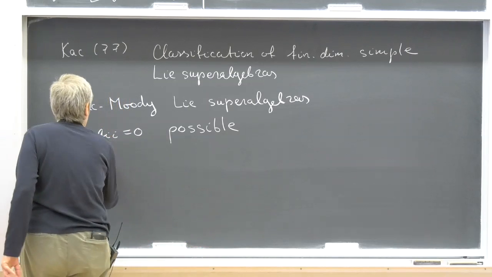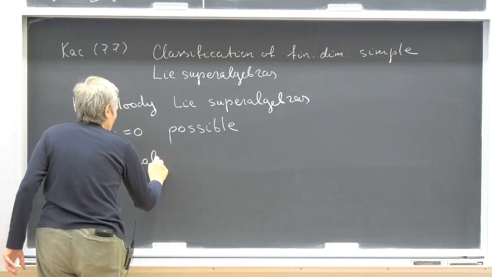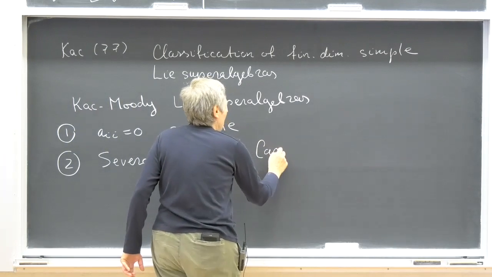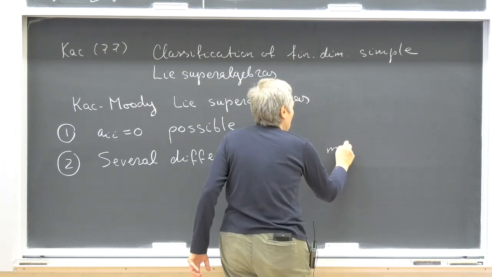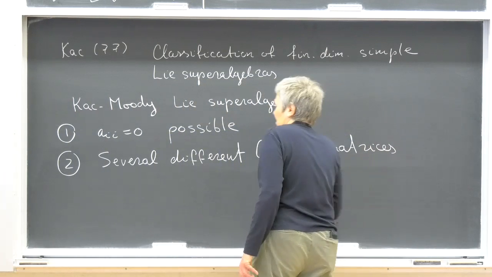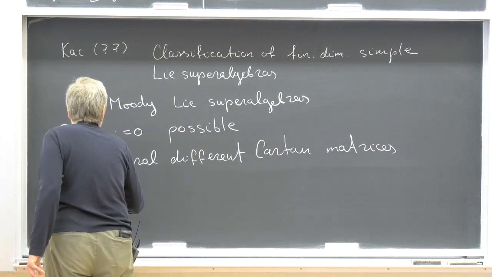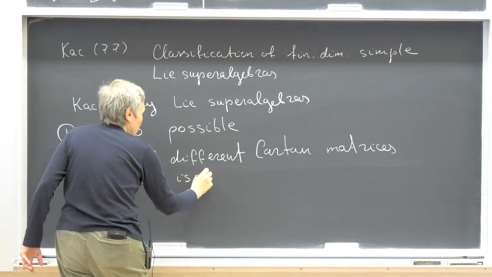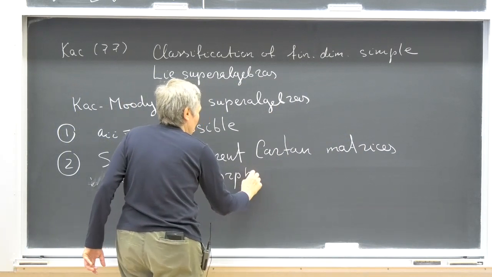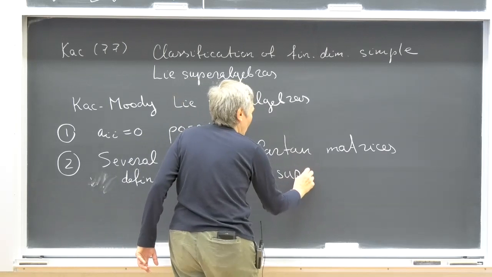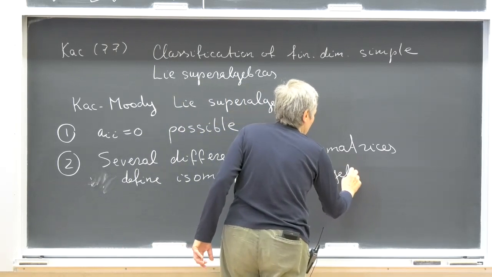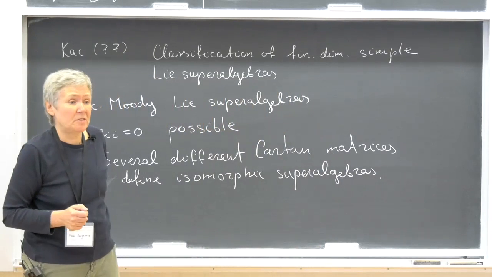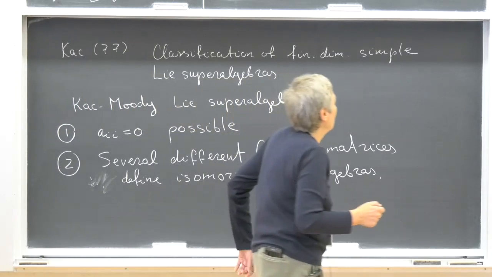So they define isomorphic superalgebra. And here I would like to talk about one example when it happens, the simplest example when it happens.